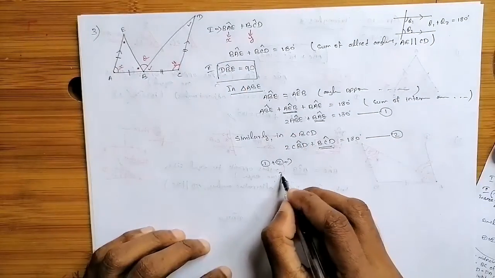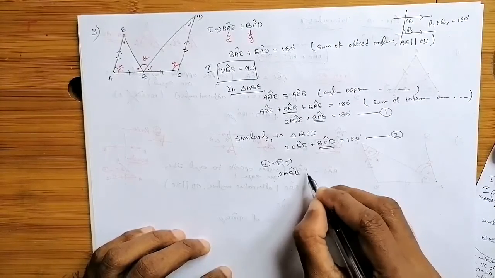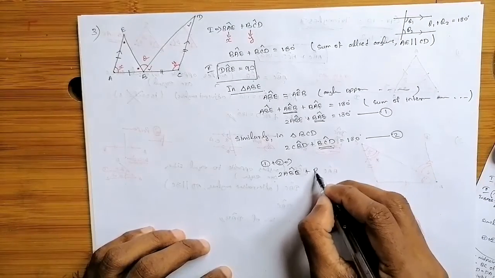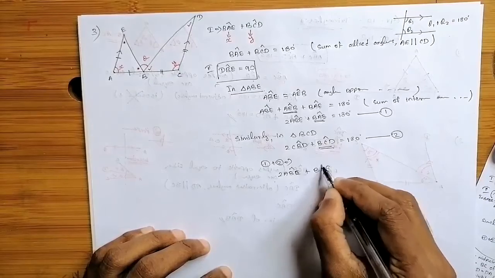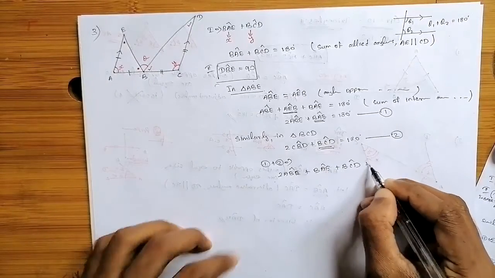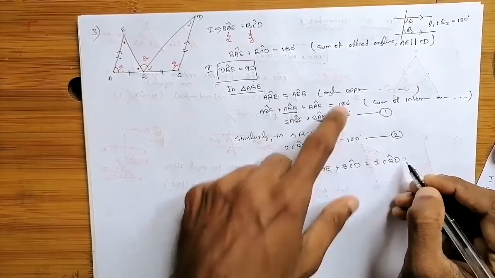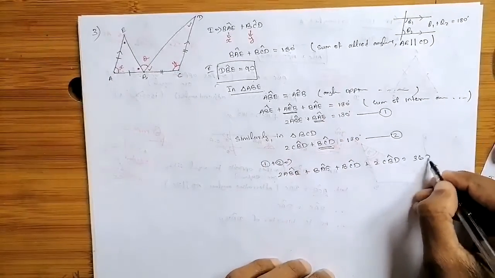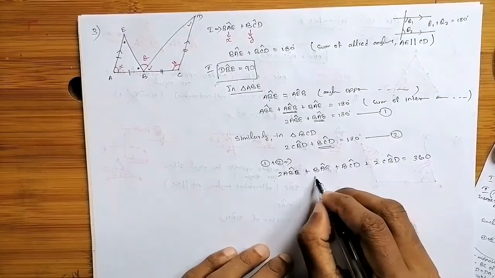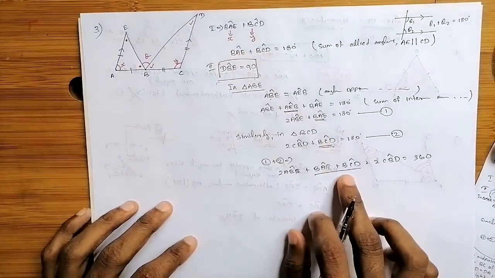If you add 1 + 2, 2ABE plus BAE plus BCD plus 2CBD equals 180 plus 180, that is 360. So we found the value for this BAE plus BCD, that is 180.